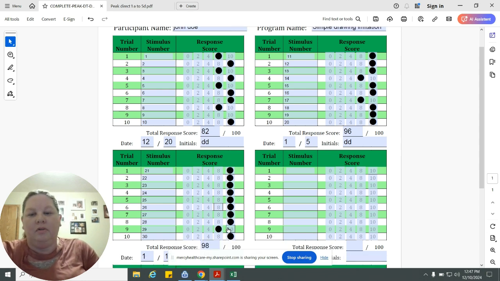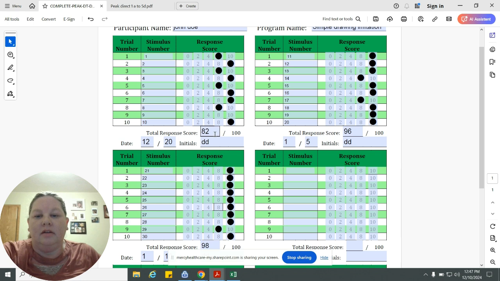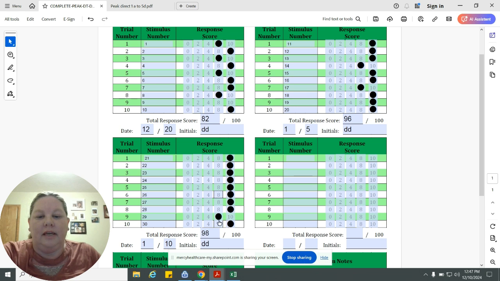For PEAK programs, we're looking at 90% across 30 trials. That means 10, 20, 30, there's your 30 trials. This trial was only 82, so that is not going to be part of the mastery. Here we have 96, 98, and then potentially up.